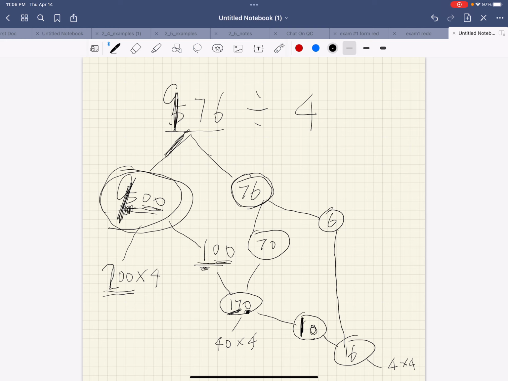The second step is I don't want to work with 100. I want to add how many tens are in the remaining parts. Then I can add those tens to this 100, and I get 170. So the first time I am working with hundreds, asking how many hundreds can I take out from this big number.